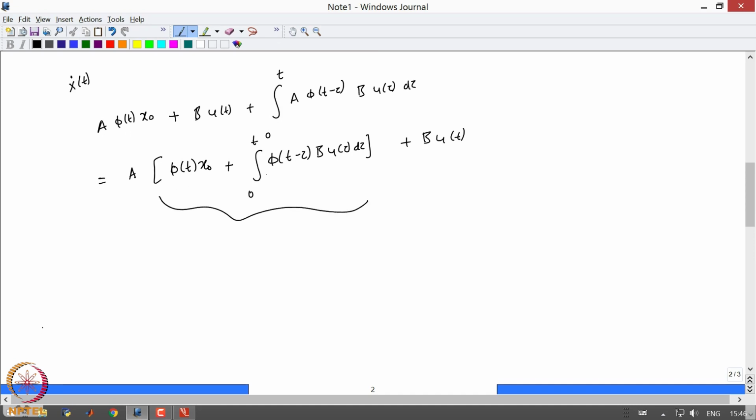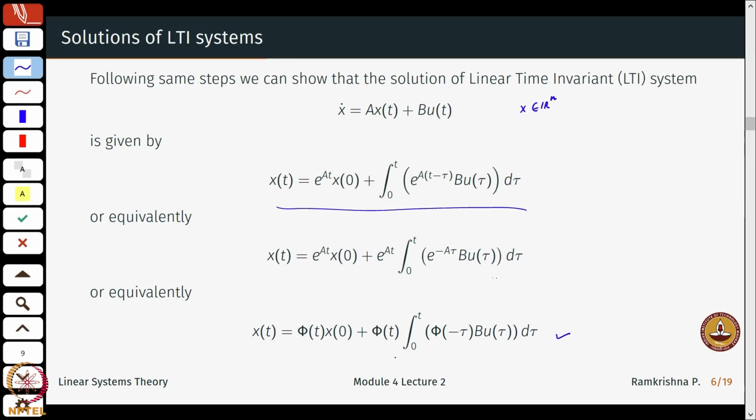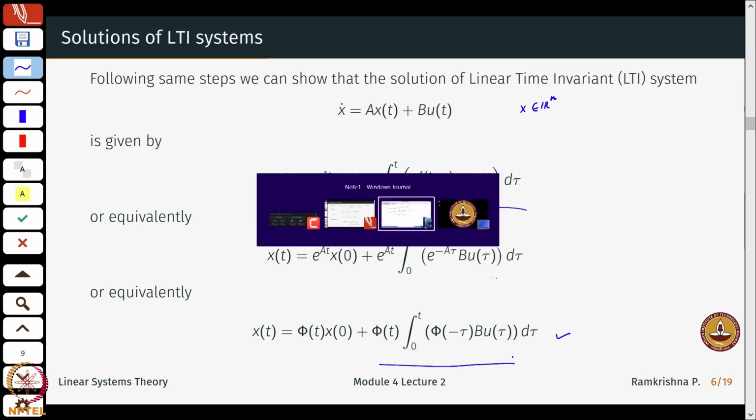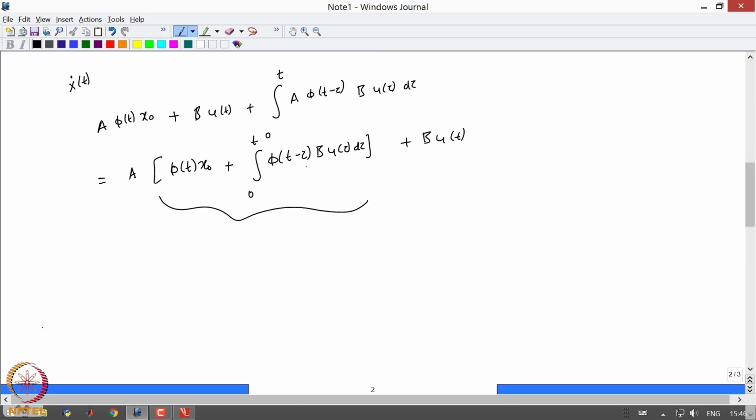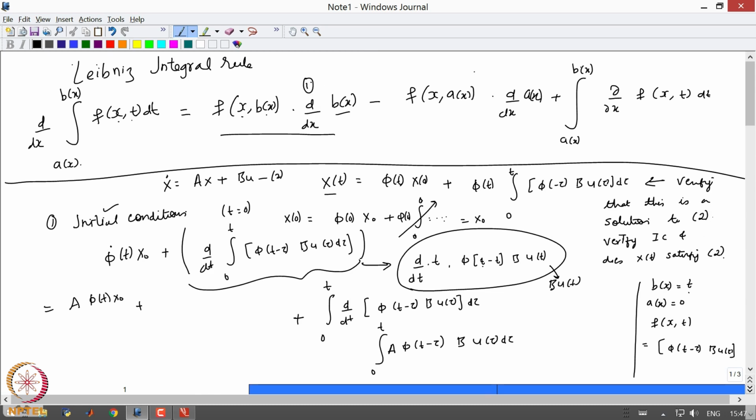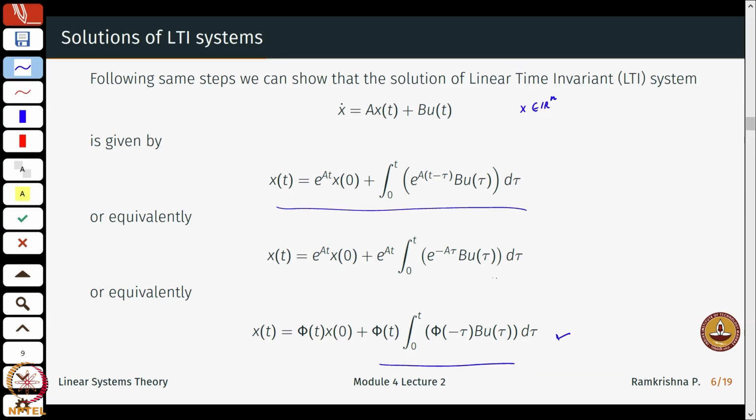Okay. Now, what is inside here? Phi t x naught plus this term in the integral. This is exactly the solution that I am proposing here. Okay. And therefore, I verify two conditions here: that my solution satisfies the initial condition, and it also satisfies the differential equation labeled as 2, and therefore, this expression is a solution to x dot equal to A x plus b u.